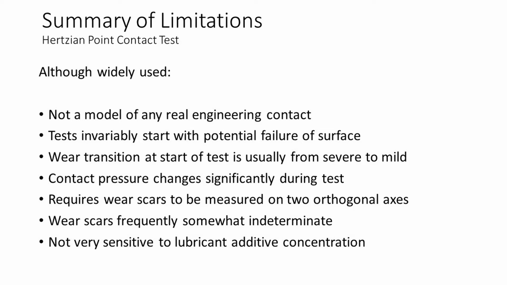Contact pressures change significantly during the test. It requires wear scars to be measured on 2 orthogonal axes. Wear scars can frequently be somewhat indeterminate, and it's not very sensitive to lubricant additive concentration.